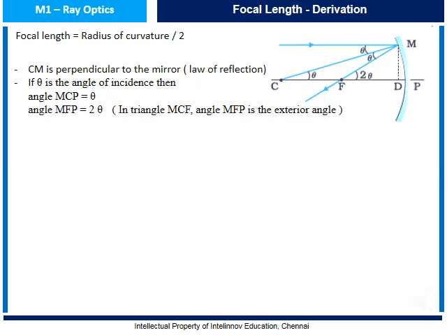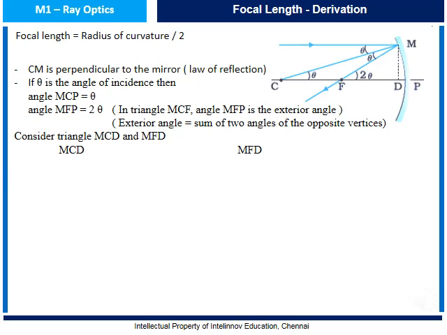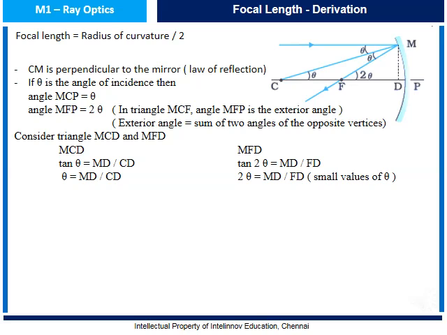Now let us consider triangle MCD and MFD. In triangle MCD, tan theta equal to MD by CD, whereas in triangle MFD, tan 2 theta equal to MD by FD. For very small value of theta, we can equate tan theta equal to theta. Thus, theta can be written as MD by CD, whereas 2 theta can be written as MD by FD.